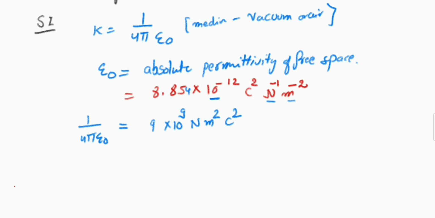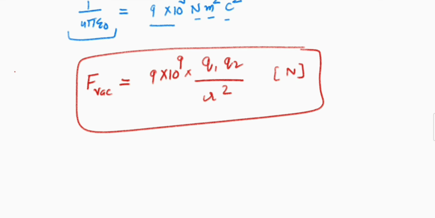And the value of this 1 upon 4 pi epsilon naught is equal to 9 into 10 raised to power 9 Newton meter square Coulomb inverse square. So here we can write this force in vacuum as equal to 9 into 10 raised to power 9 multiplied by Q1 Q2 divided by R square, and the unit of this force is Newton.